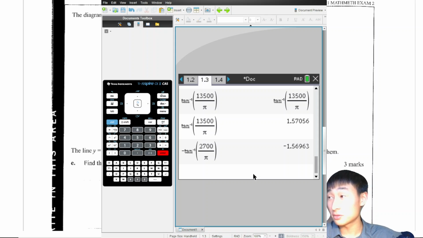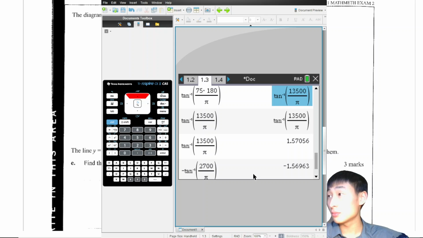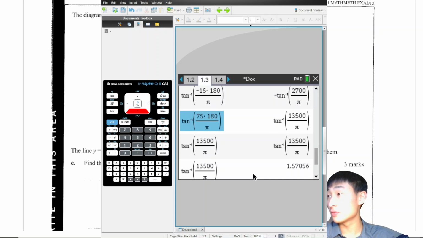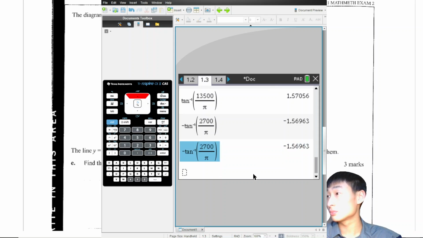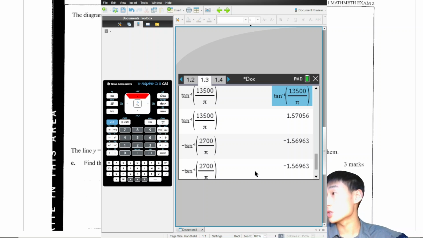They look like they're the same thing, honestly. Why are they the same? Minus 15. Oh, they are the same. Which one is which?